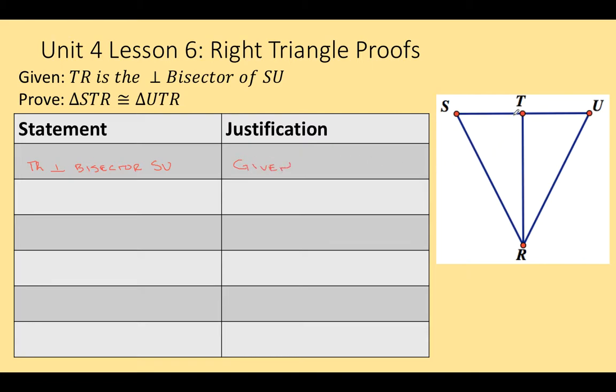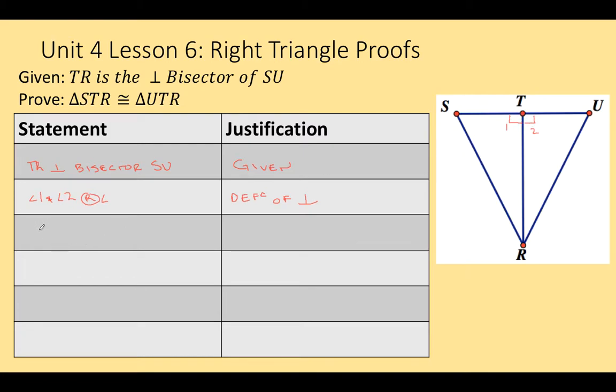We know that this angle and this angle, I'll call it angle 1 and angle 2, are right angles. Angle 1 and angle 2 are right angles, and that would be by the definition of perpendicular. Because it told me they were perpendicular bisectors, I know that these are right angles.